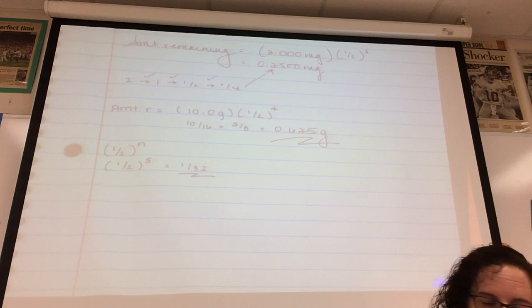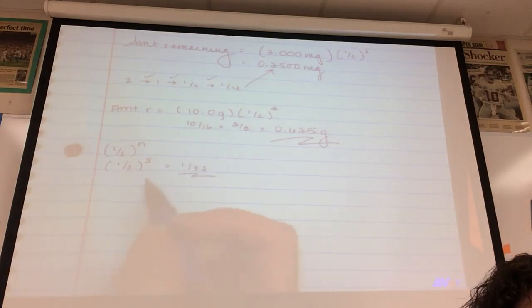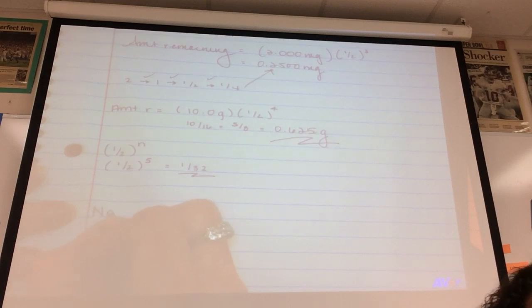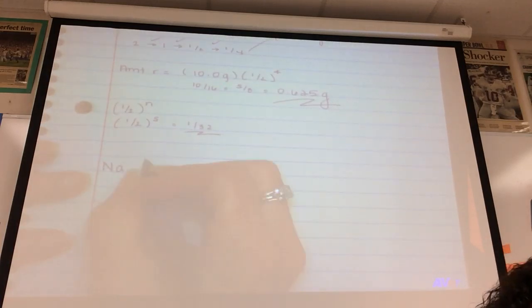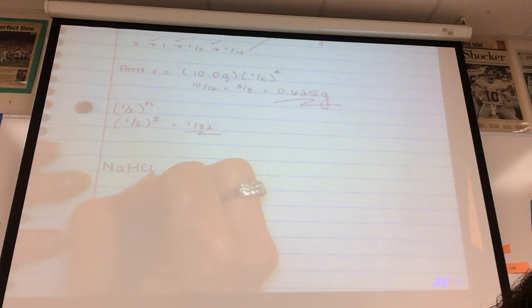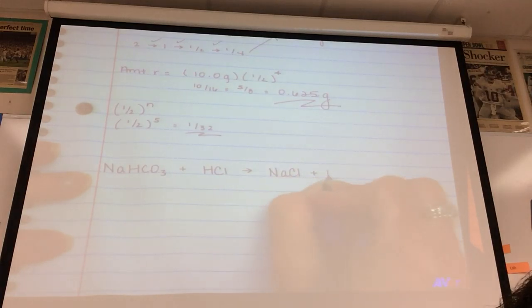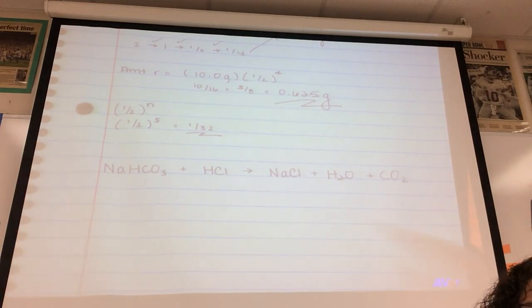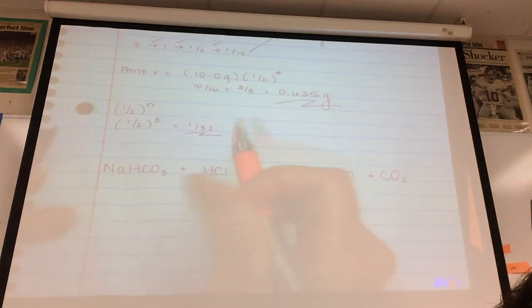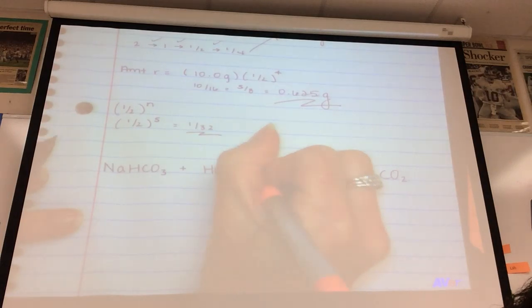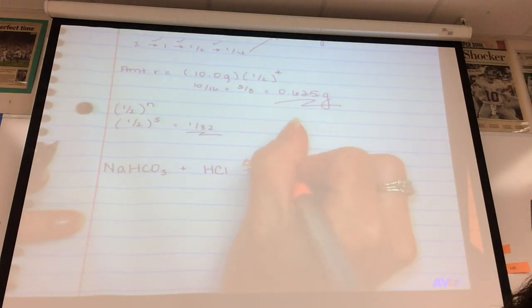One thing we have seen previously this year, for example the other day in the lab, is that we reacted sodium bicarbonate with hydrochloric acid to generate sodium chloride, water, and carbon dioxide. And we heated this reaction to speed up its rate.